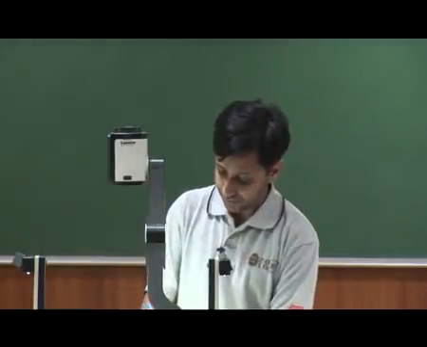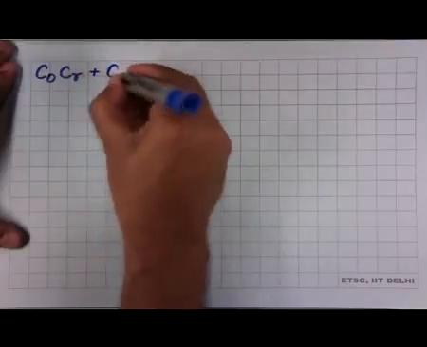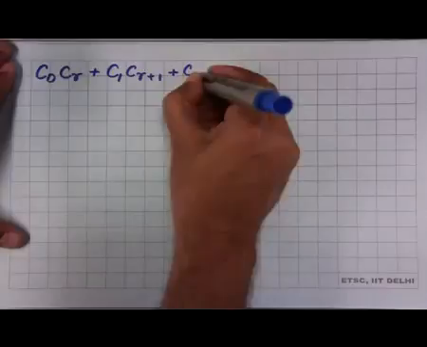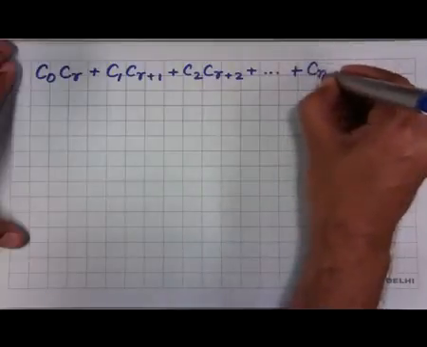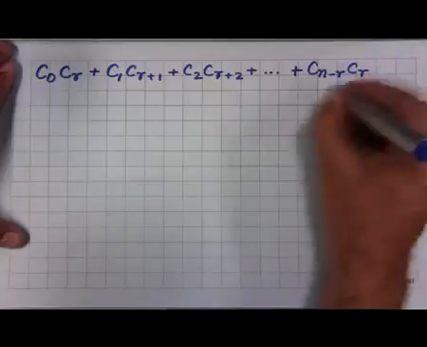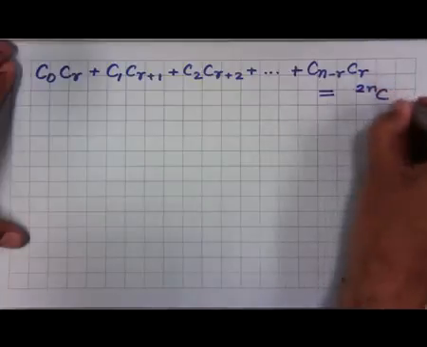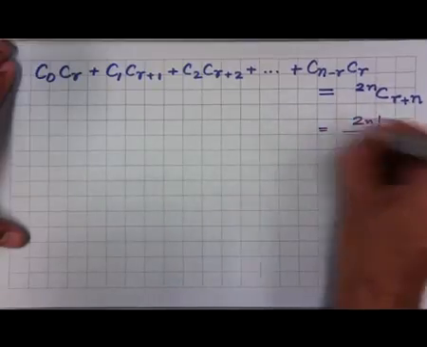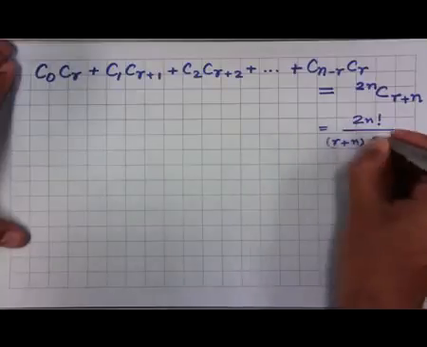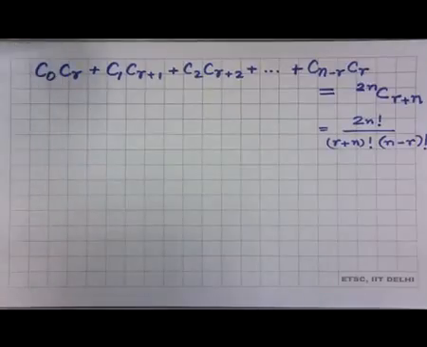The identity is as follows: C0 Cr + C1 C(r+1) + C2 C(r+2) + ... + C(n-r) Cn, and you have to show that this is equal to 2nC(r+n), which is equal to (2n)! / ((r+n)! (n-r)!). Okay. So, this is what you have to show.